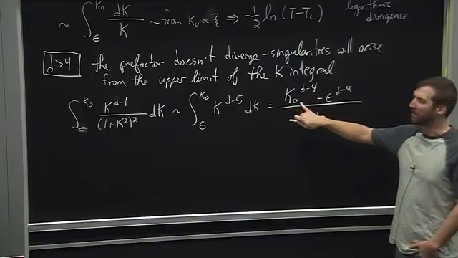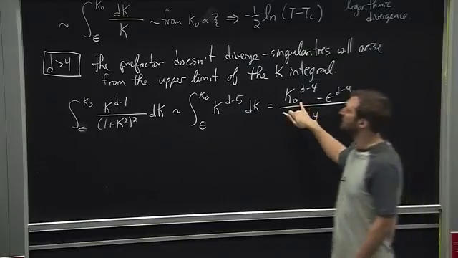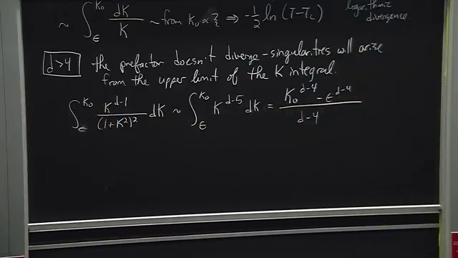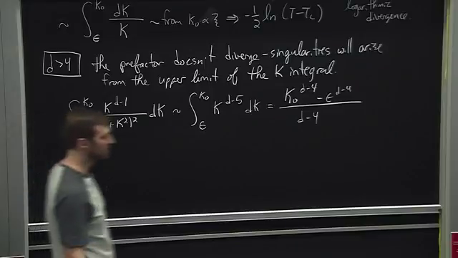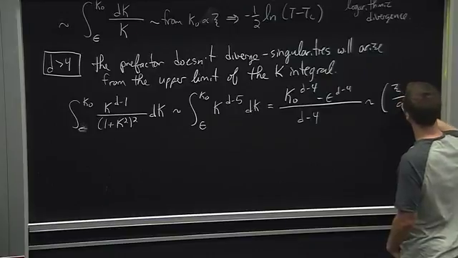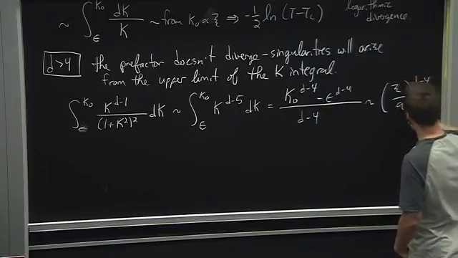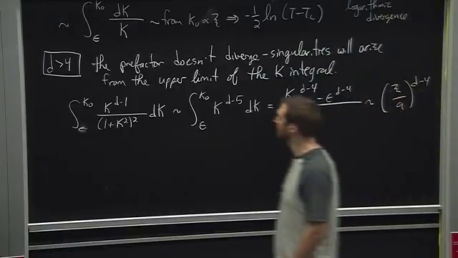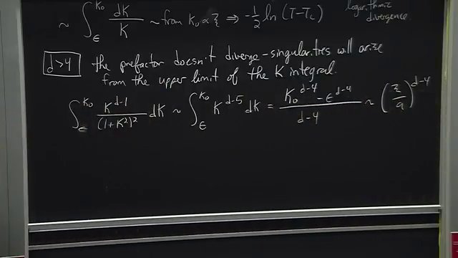This piece is still going like this, Z over A, correlation length over A. This time it's to the D minus 4 in that limit. So we have correlation length over lattice spacing to the D minus 4. That part that didn't diverge is this part, 4 minus D.